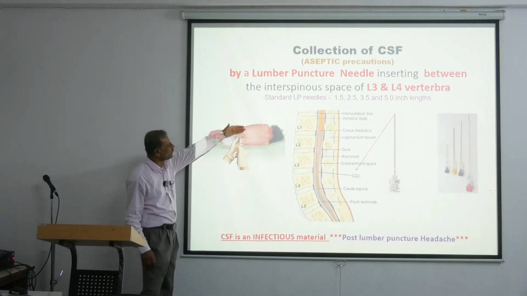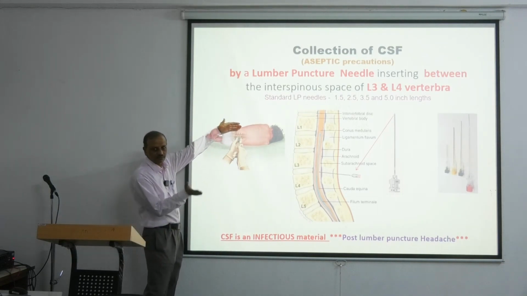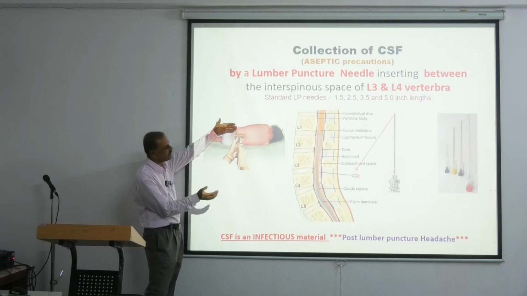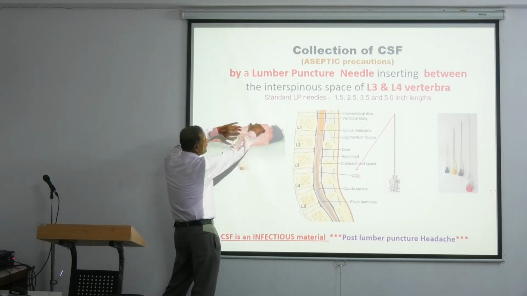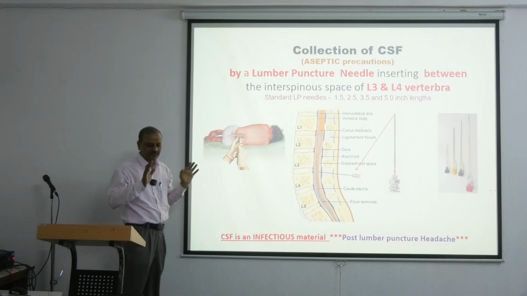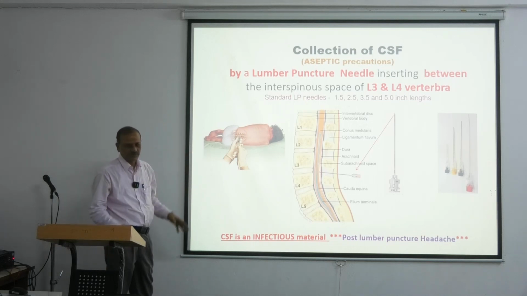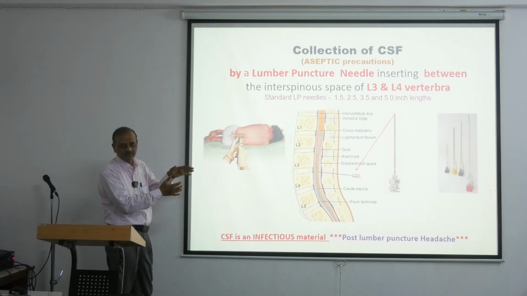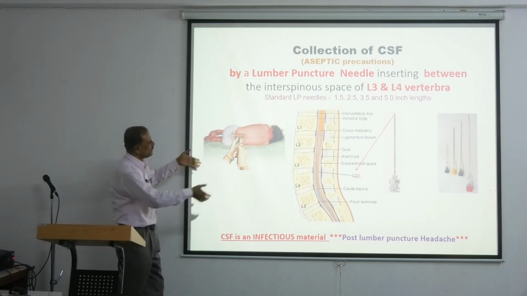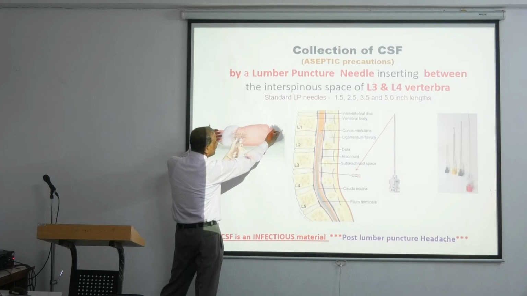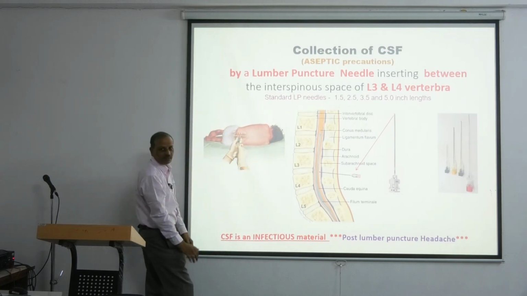Now you allow the person to sit down on the side of the bed. Make the spine curve. In meningitis, there is usually severe pain. Then it is very difficult to bend the patient because spinal nerves are already inflamed. You ask the patient to keep the head toward the flexed knees.